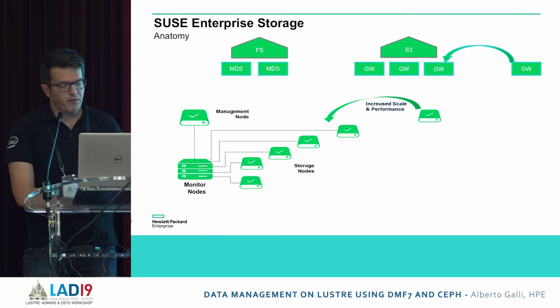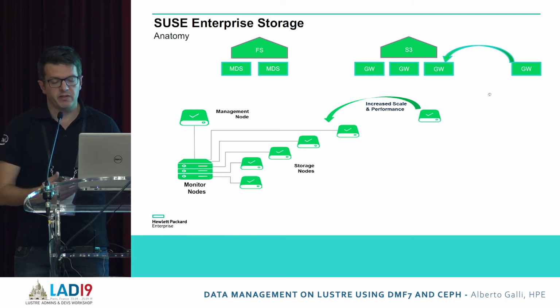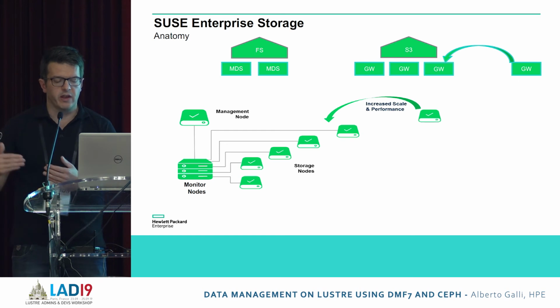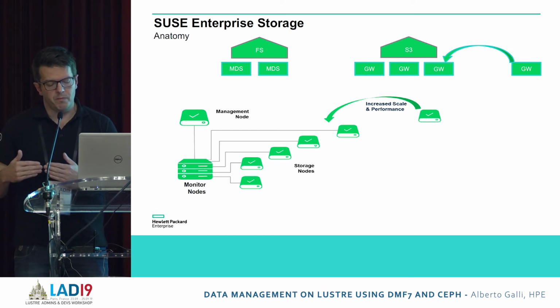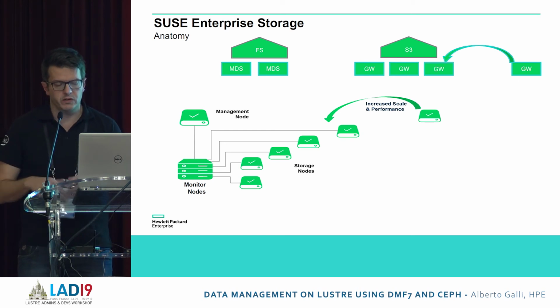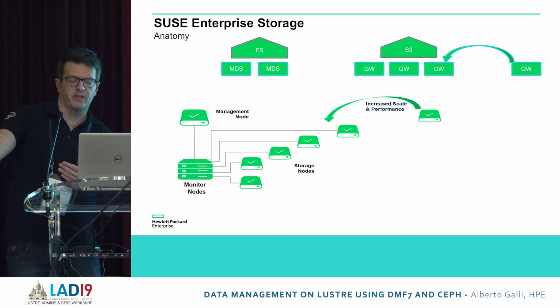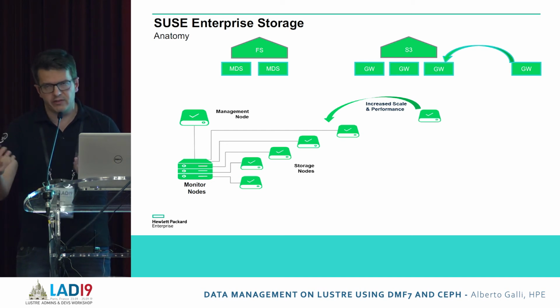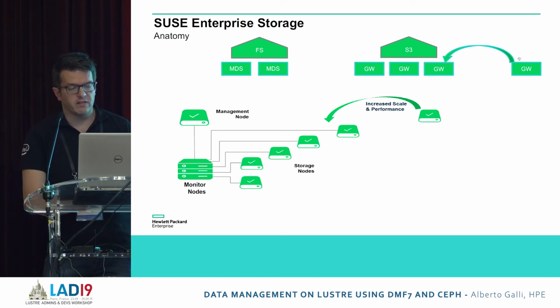And then, in front of that, you have the Rados gateways, which translate from the Ceph object store, which is internal, into Amazon S3. That's basically a translator, as you can see here.